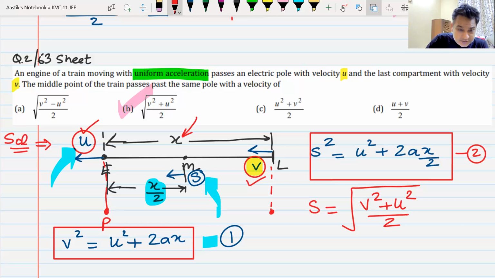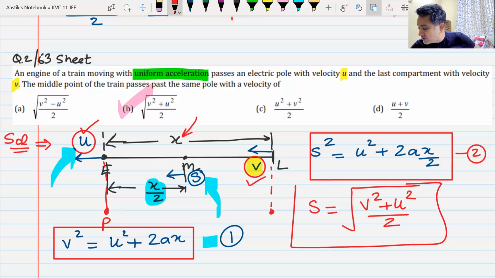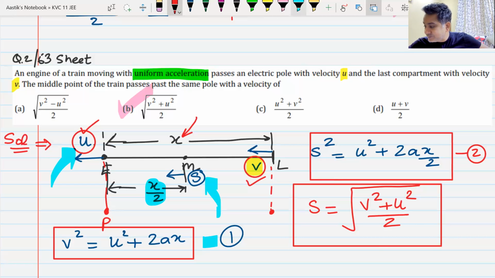So remember this formula. If you can remember this, and if this question comes, you can straight away use this and move on to the next question. Remember, JEE is not cleared in the examination hall. It is cleared right here.